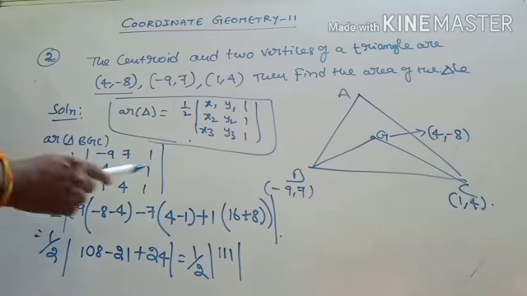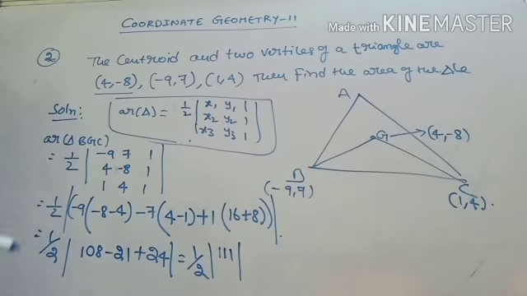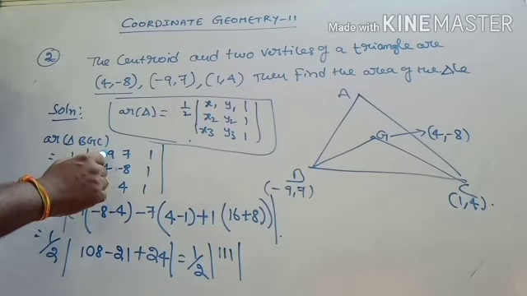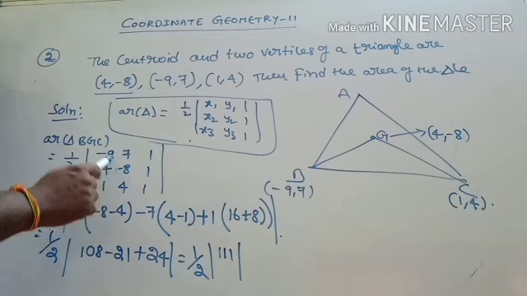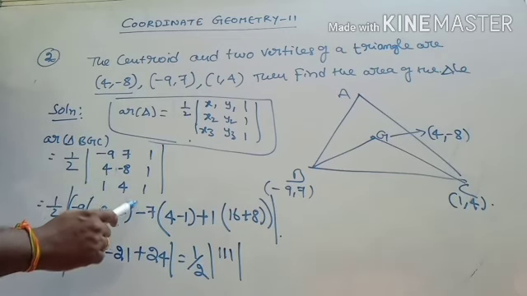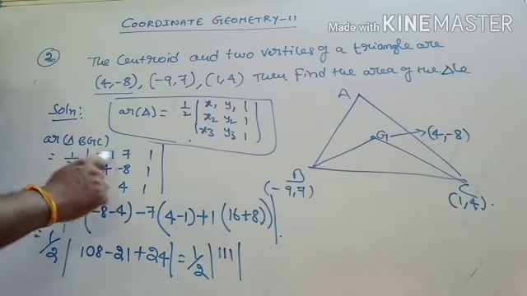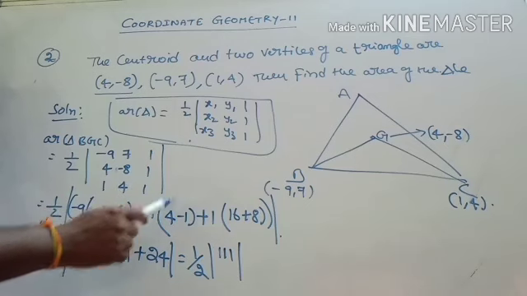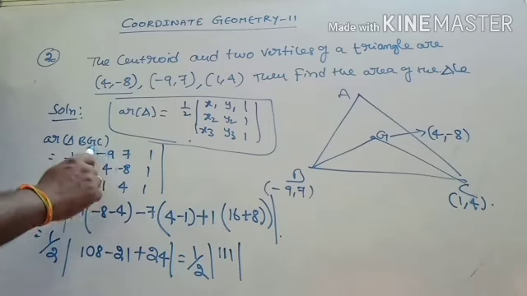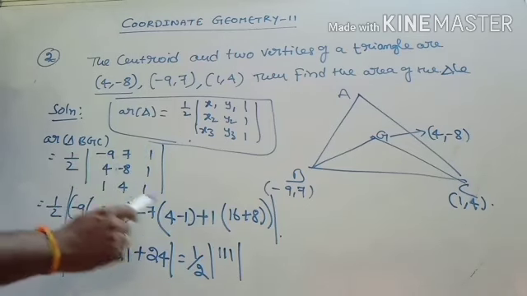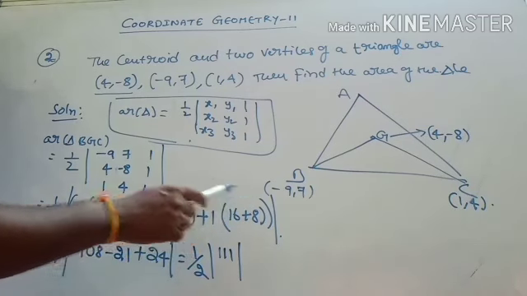This is half of this determinant. Now you know how to expand a 3 by 3 determinant. For -9, you leave its row and column, and you have -8 minus 4, and minus 7 times, leaving this row and column, 4 minus 1, plus 1 times, leaving that row and column, 16 minus of minus 8, that is plus 8.